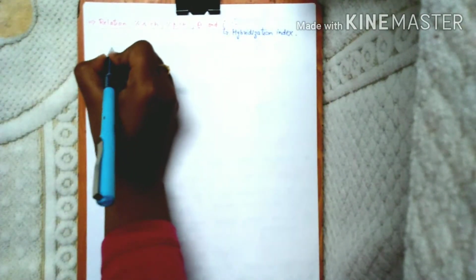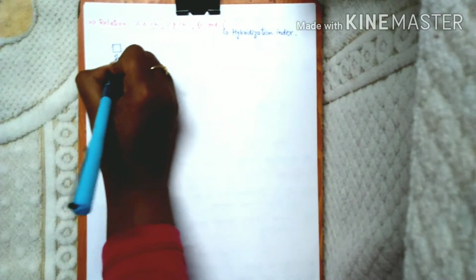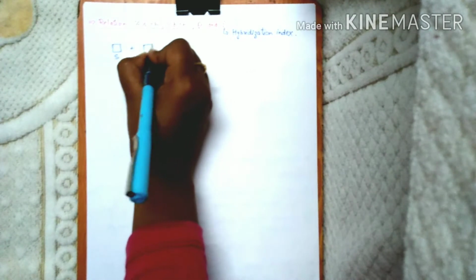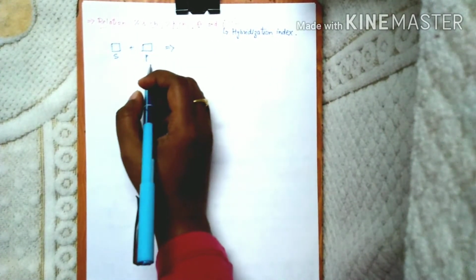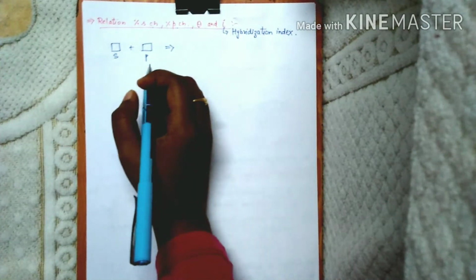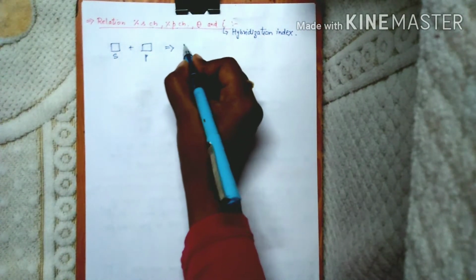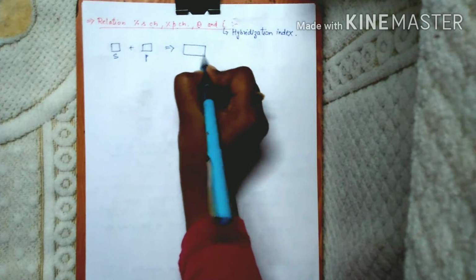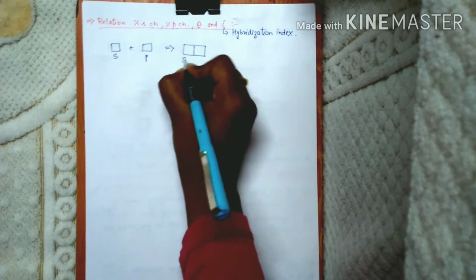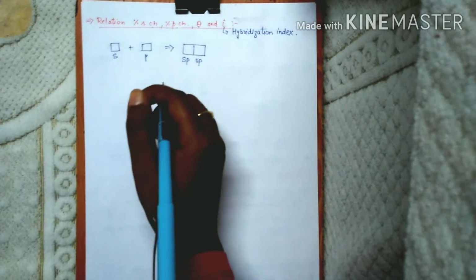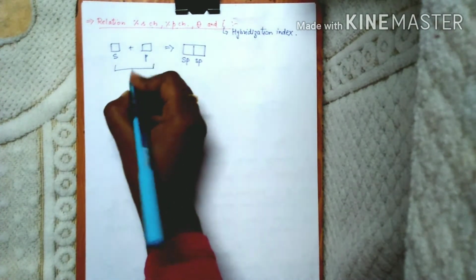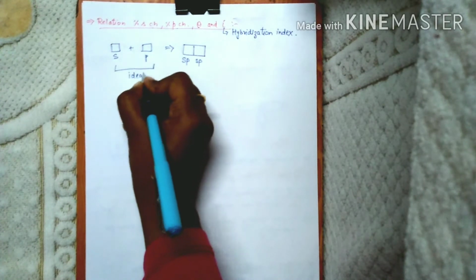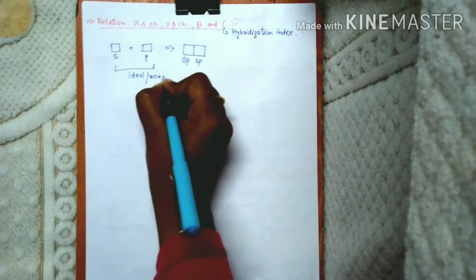So if we take an S orbital and one P orbital, I have told you that both of them are going to exchange their characters with each other, forming sp hybridized orbitals. So these types of mixing can be ideal or non-ideal.